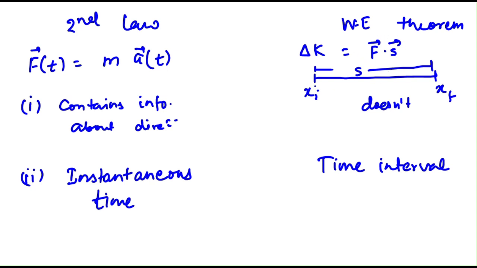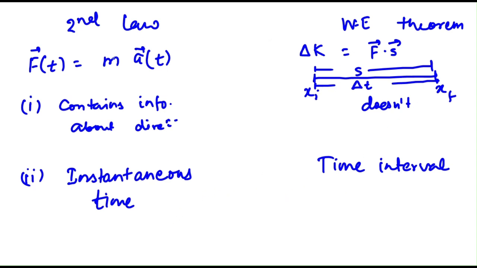So to move from here to here, there must be a time interval involved. If not explicitly, then implicitly, a time interval is involved here because we are dealing in an interval.